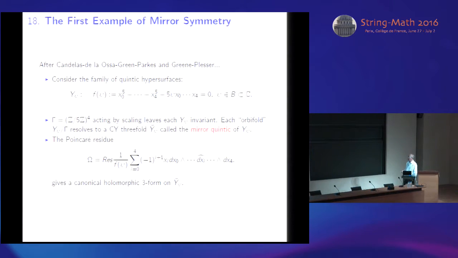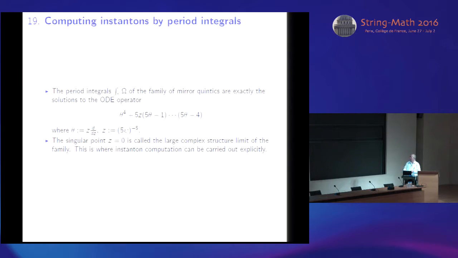And there's a canonical holomorphic three-form on the manifold. It's defined by this. And this we shall generalize later. There always exists a canonical holomorphic three-form. The period integral, the period of omega over gamma, satisfies the ODE system with this operator, where theta is defined by this and C is equal to this parameter.